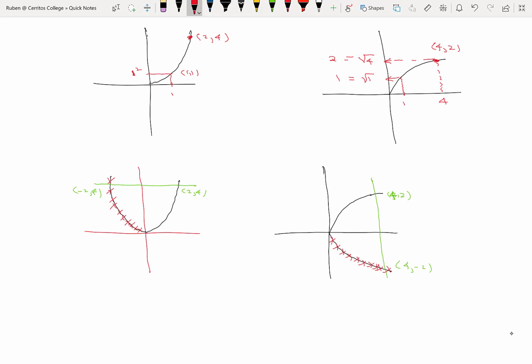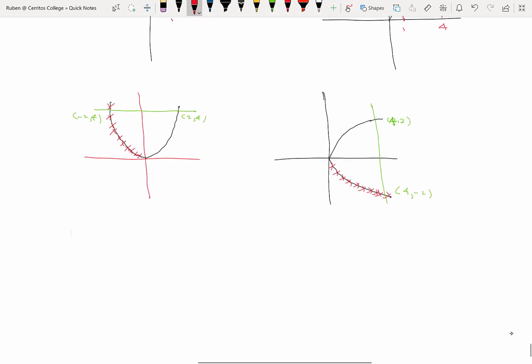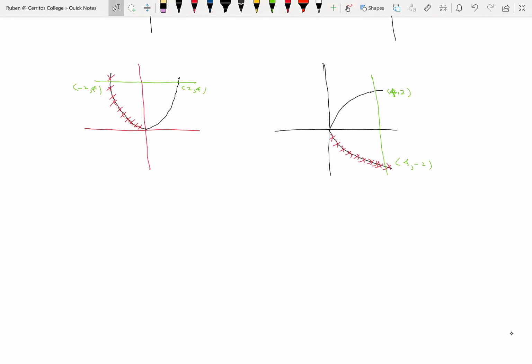So one-to-one functions are functions that pass two tests. They pass the vertical line test because they're functions, but they have to pass an additional test. They have to pass a horizontal line test in order to have an inverse. So one-to-one functions are functions which pass both a horizontal and vertical line test.